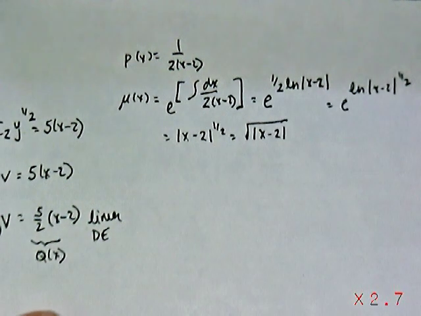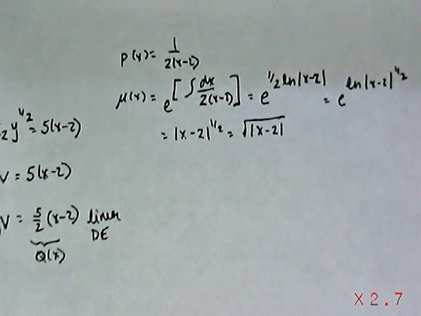Now, you might be tempted to think, can we remove the absolute value? Depending upon what x is, we don't know if x minus 2 is strictly positive, and the absolute value could be the opposite of whatever x minus 2 is. We don't know if x is positive or negative, and we don't want to risk taking the square root of a negative quantity.